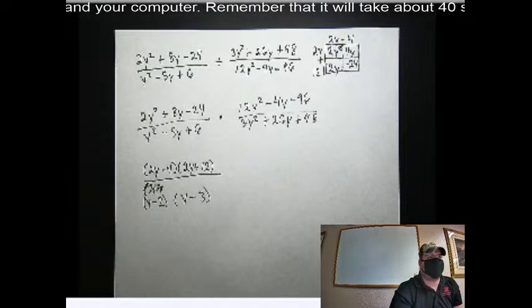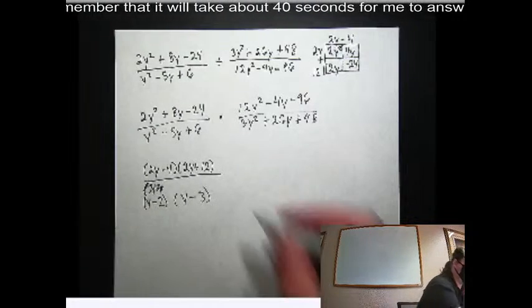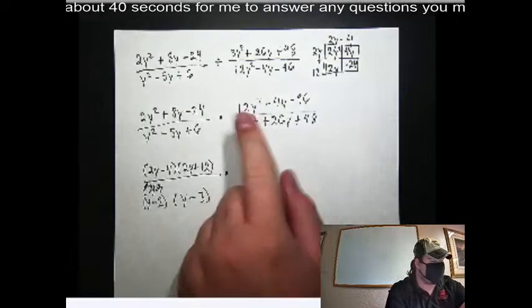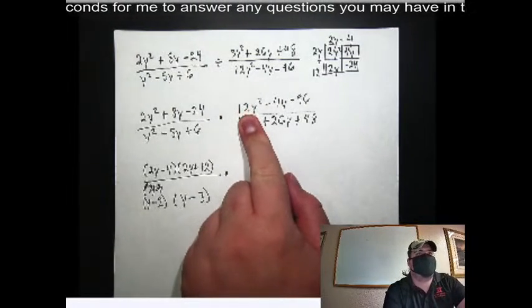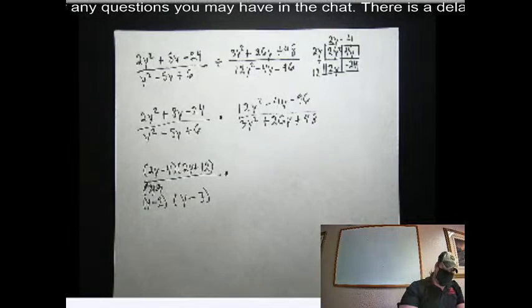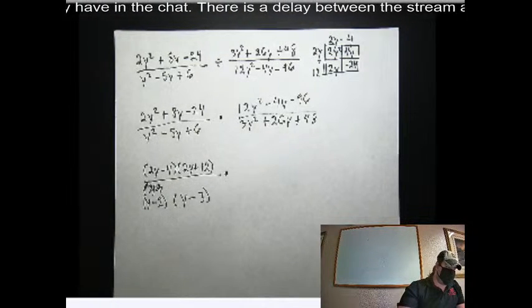Okay, any questions so far? All right, go to the other side. Whew. A is 12, C is negative 96. Let's see, 12 times 96 is enormous.